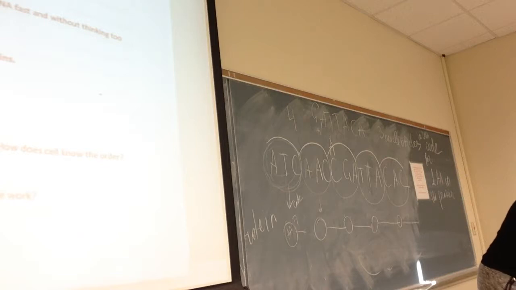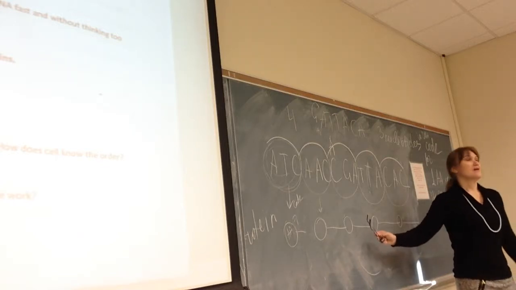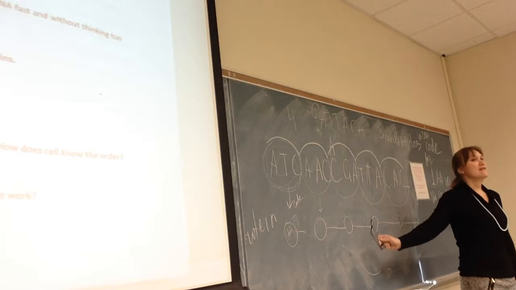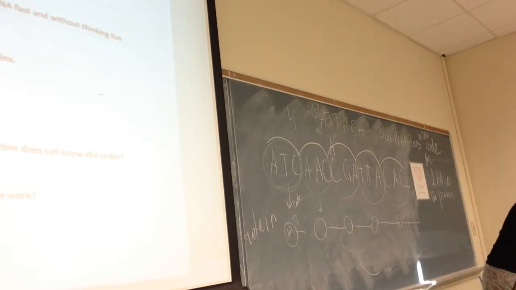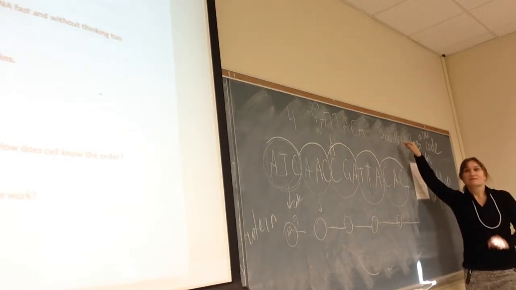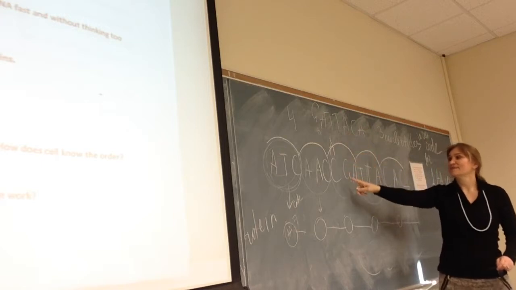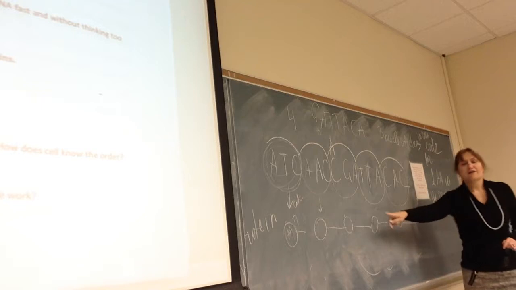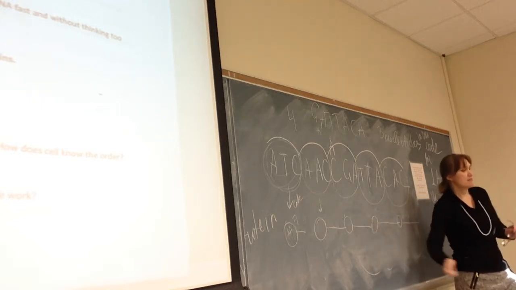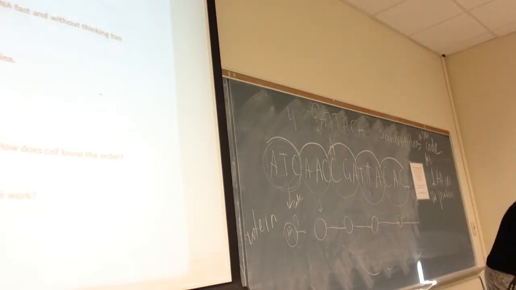DNA codes for specific amino acids in the protein and the order of these amino acids in the protein. Why do we call DNA code a triplet code? Because 3 nucleotides in DNA will define one amino acid in the protein. And that's how the code works.